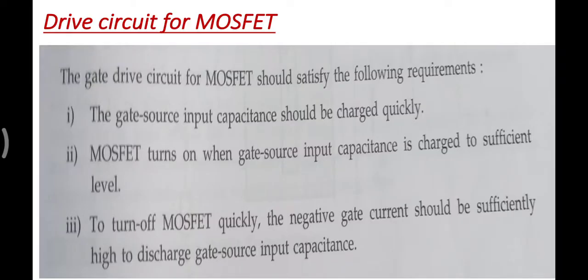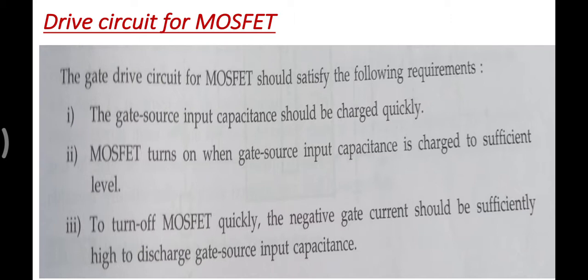The first basic requirement for the MOSFET driving circuit is that the gate source input capacitance should be charged quickly. Why?